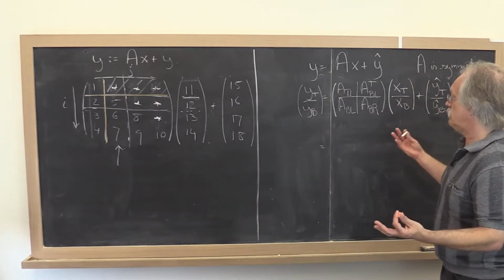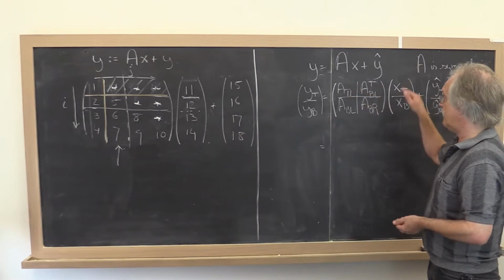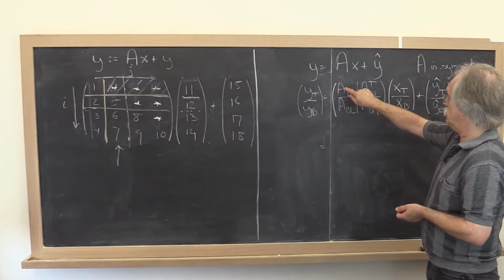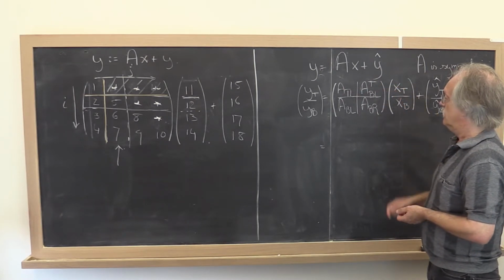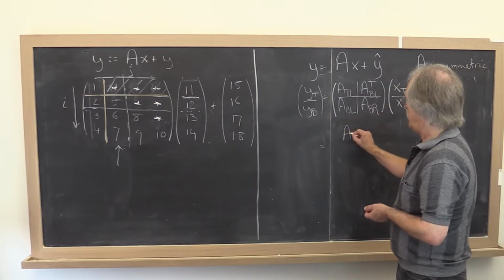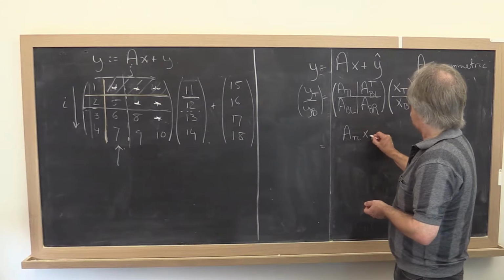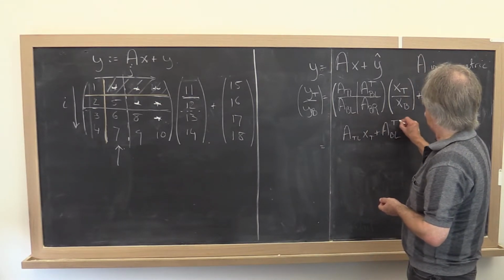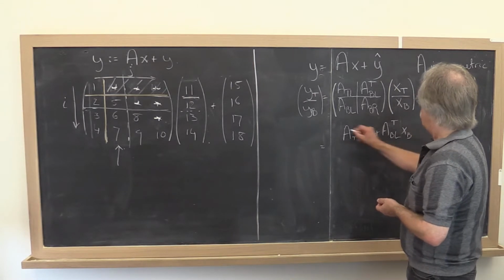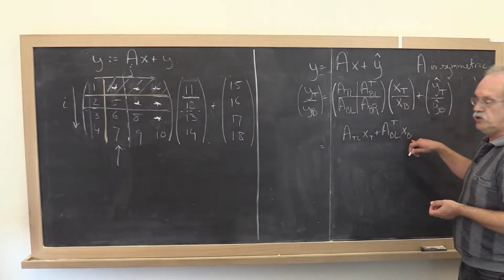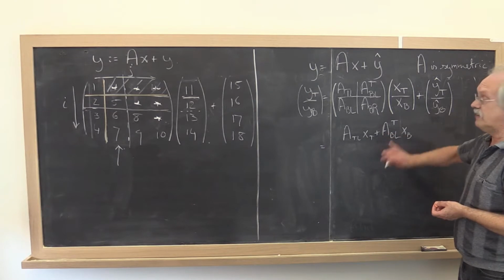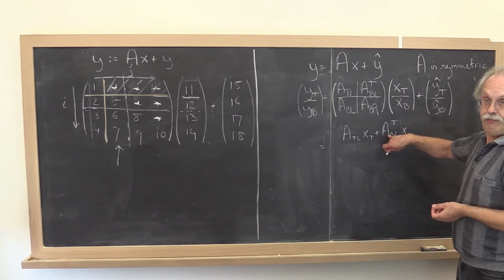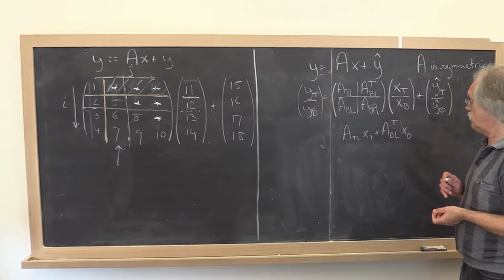Well, partitioned matrix vector multiply goes just like multiplying with numbers. If these were numbers, you would do this times that plus this times that. So the top part here is A top left times X top plus A bottom left transpose times X bottom. Notice that these are mathematical expressions. This doesn't mean that you need to go and take that data and transpose it. It means you want to compute as if that part of the matrix was transposed.